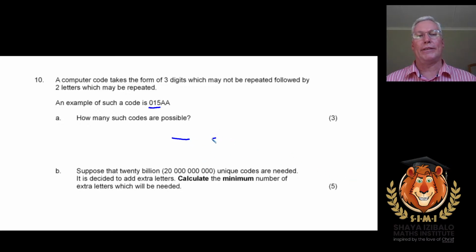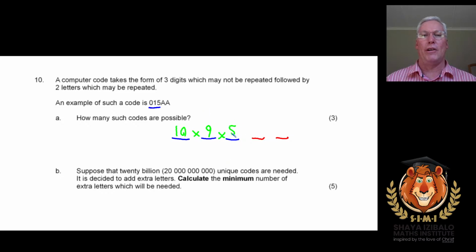What I like to do is write out the format of the code. There's the 3 digits and then 2 letters. And on here, I'm not writing the letter, but I'm writing the number of choices. The number of choices for this first digit is actually 10, because I could have everything from 0 through 9. Now, I'm not allowed to repeat. So for the next digit, I've only got a choice of 9. And remember, the fundamental counting principle says we multiply our choices.